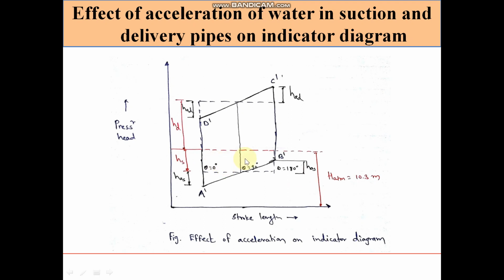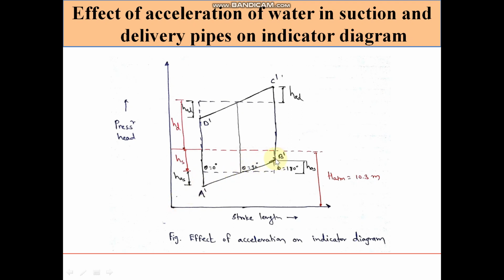Means the difference between atmospheric pressure and pressure in the cylinder should be more, then only liquid gets accelerated in the suction pipe. So to provide this additional suction head, pressure drop should be more. So in actual practice, the pressure drop takes place up to A dash.